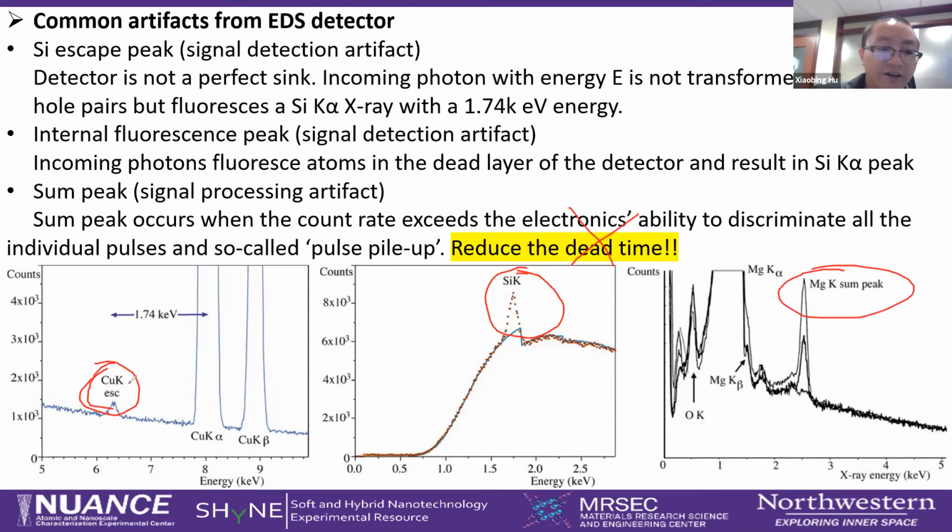And for this escape peak, this is copper, and the copper escape peak reduces this one. So these are some artifacts you will see in your EDS spectrum. You need to remove them when you do quantification.